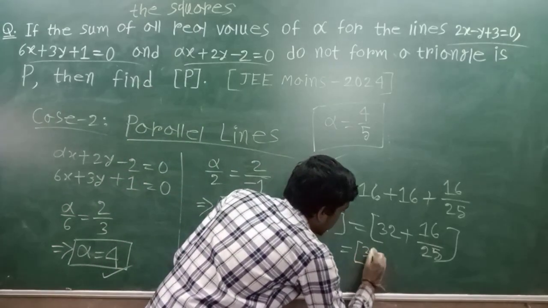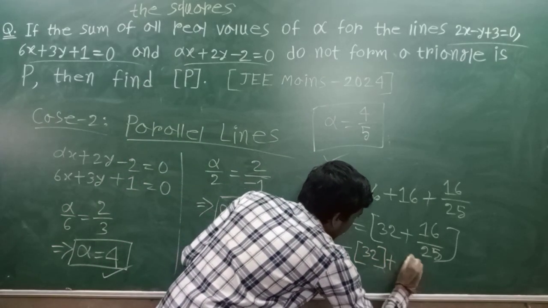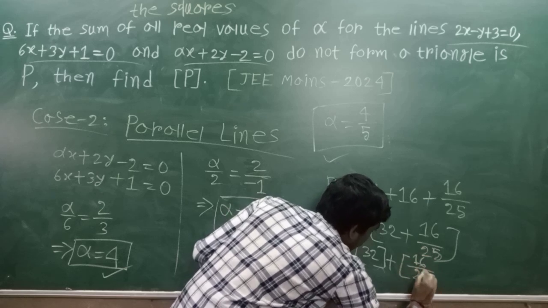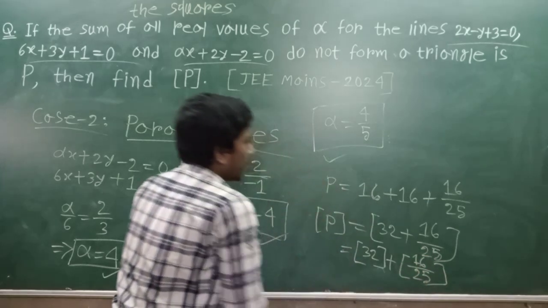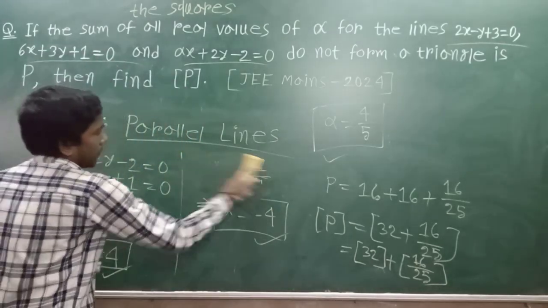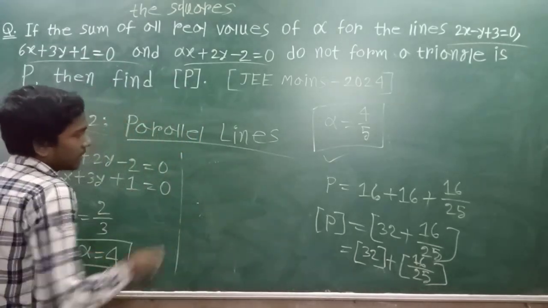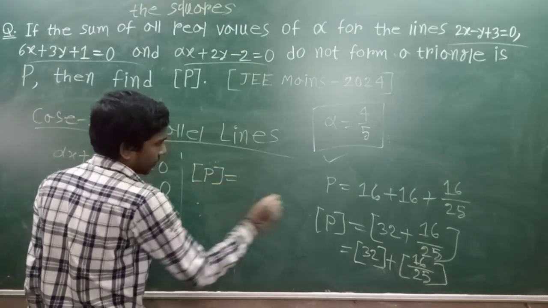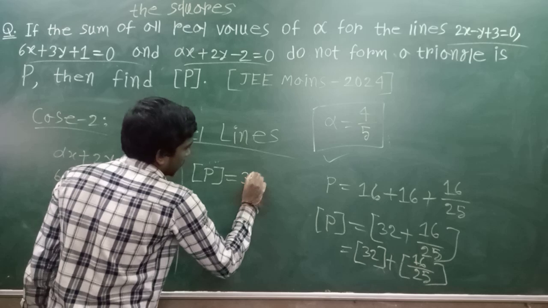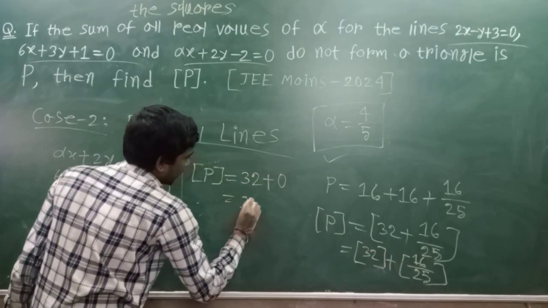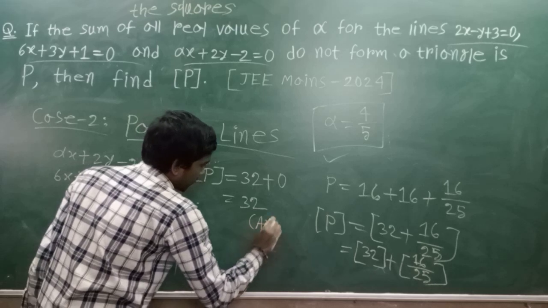So we can say this is equal to box 32 plus box 16 by 25. And this implies that box P equals 32 plus 0, so this is 32. This is the final answer.